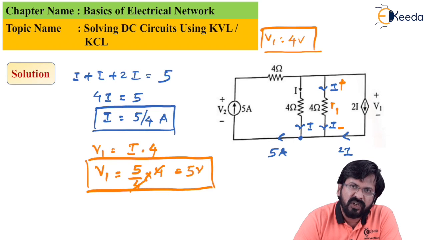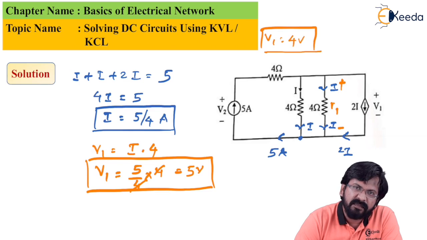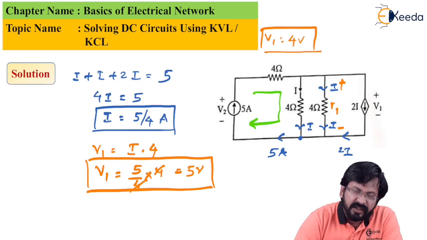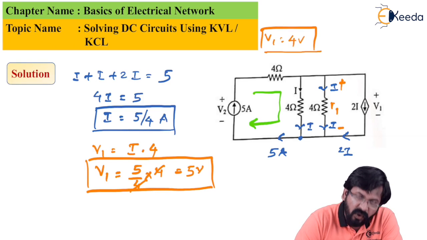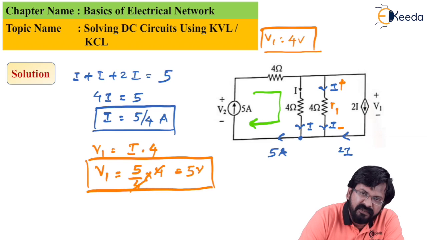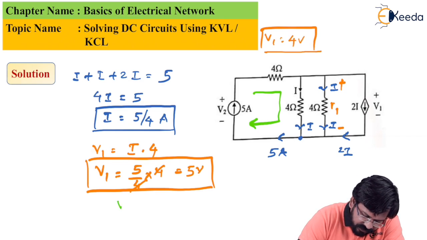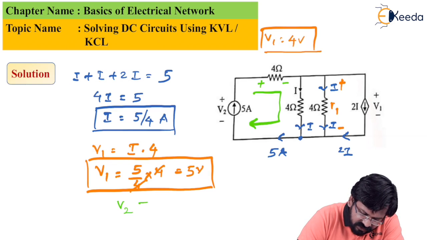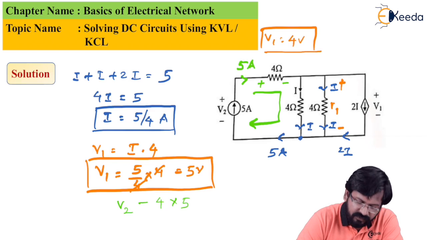So now we have to find the value of V2. The value of V2 can be found out very easily by applying KVL to this loop. If I apply KVL to this loop, what equation do I get? When you are going clockwise, you start with the negative terminal of V2, you get positive V2, that is negative to positive, positive V2. Then the voltage across this, having polarity like this, is minus 4 times 5 ampere, because 5 ampere is the current source which is given with the direction like this.